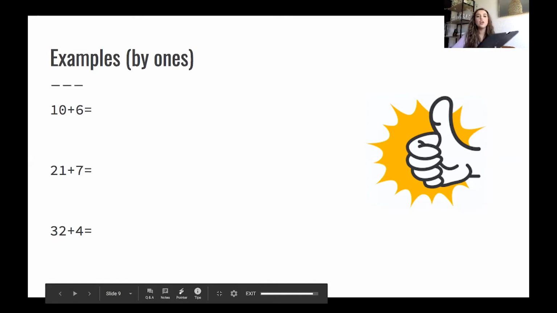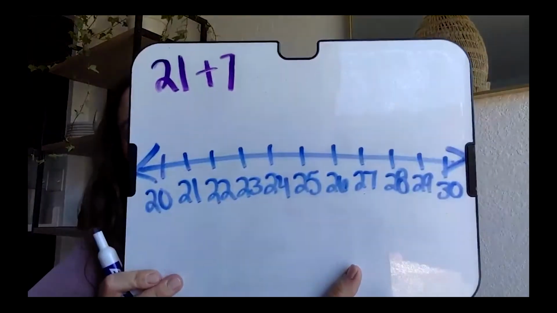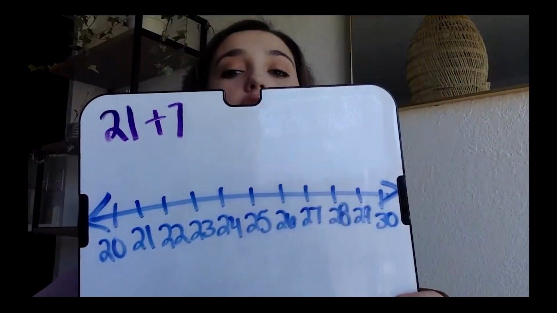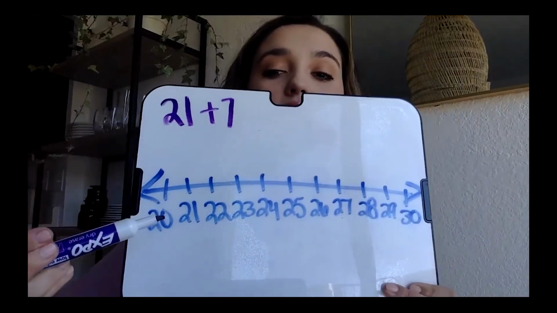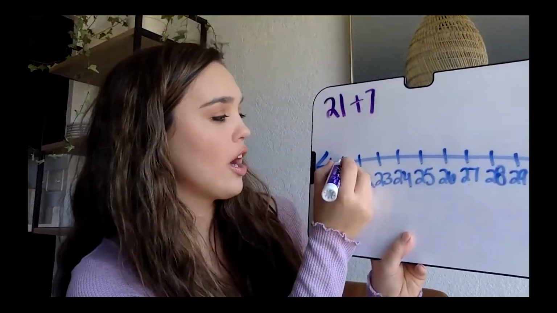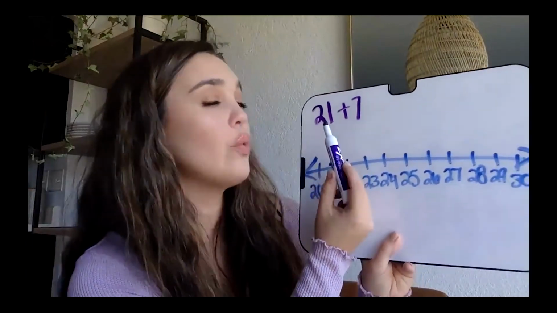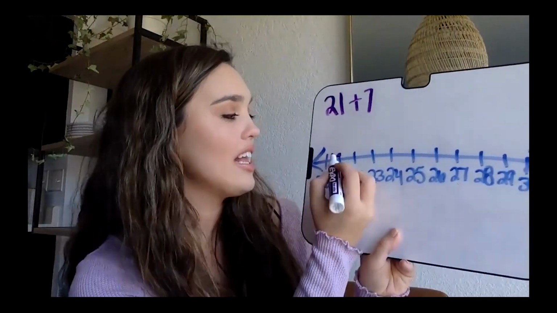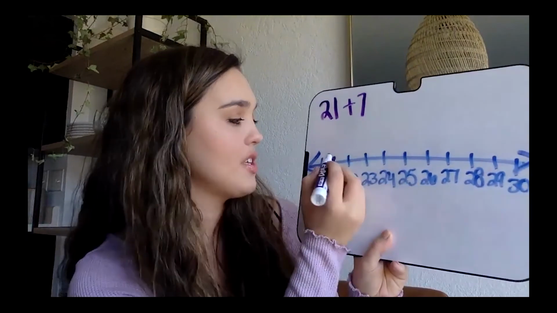Okay, so let's find, here, I'm gonna stop my share. All right, let's find where is our first number of our number sentence. It is 21. So we are going to start by drawing our little dot on 21, and we are adding 7. So let's make 7 jumps on the number line.